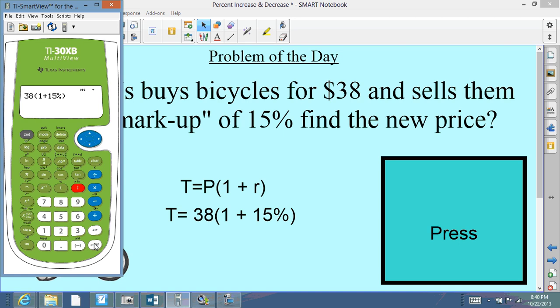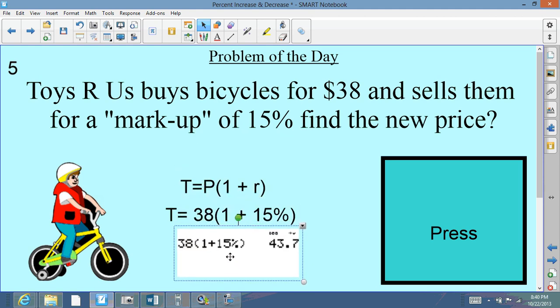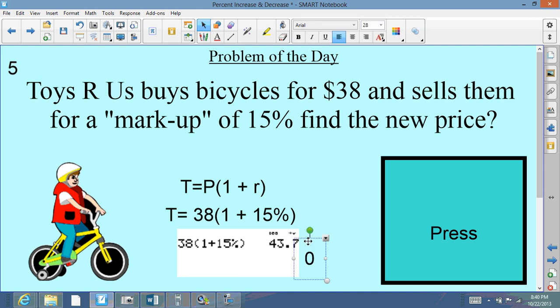And this will give you the new price with the markup. So your new price is going to be $43.70. And I'll put a little zero there. $43.70.